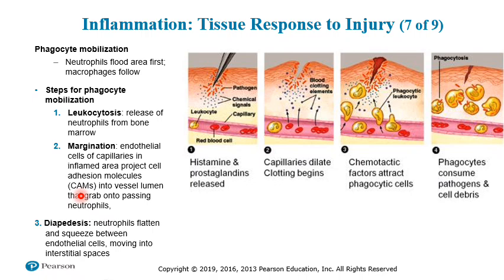Now CAM is very important, but CAM is only produced when you have the complement system running. The end product of the complement system is your cell adhesion molecules, which help grab onto the neutrophils so that they will not be moving around.